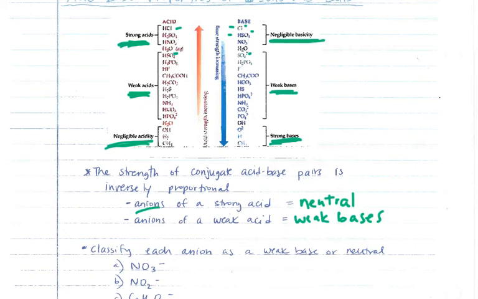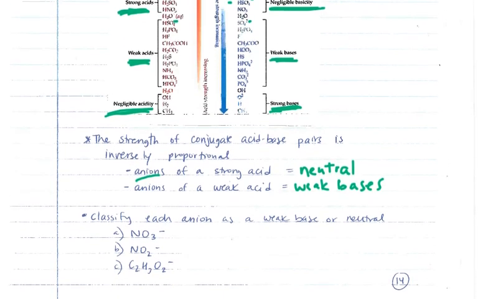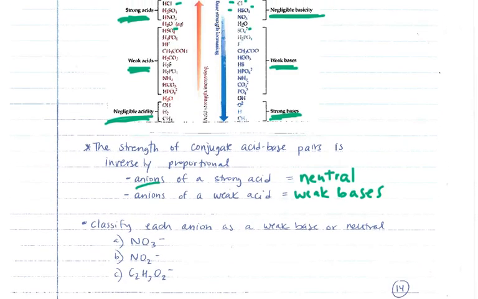All right, so if we look at these anions down here, we can classify each as a weak base or as neutral. So NO3 minus, that is the anion that comes from HNO3. Its conjugate acid is HNO3, which is a strong acid. All right, so NO3 minus is neutral because it's the anion of a strong acid.